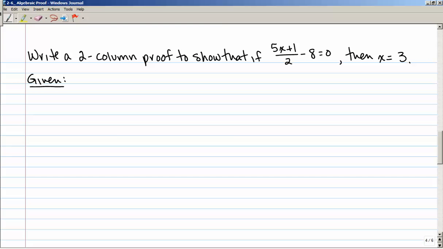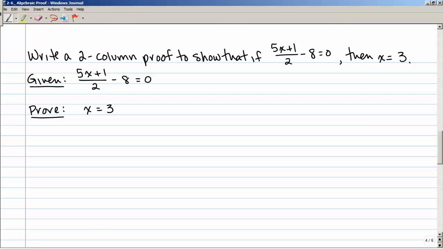It's the part that follows if. So our given is (5x plus 1)/2 minus 8 equals 0. And what we have to prove is our conclusion. We have to prove that x equals 3.